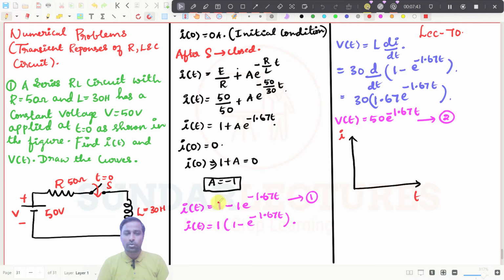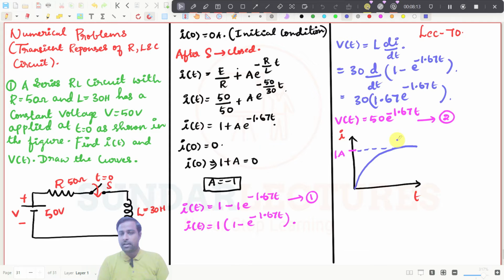If this is 1 ampere, the curve will be increasing, and it will settle at 1 ampere after some time.